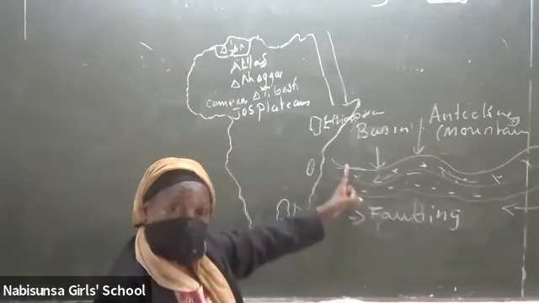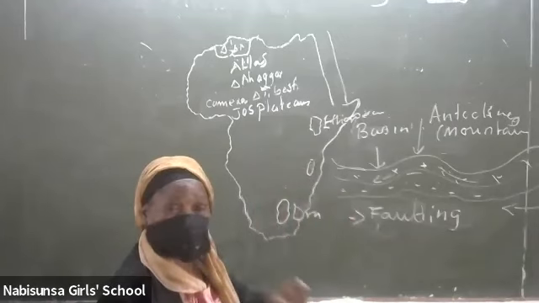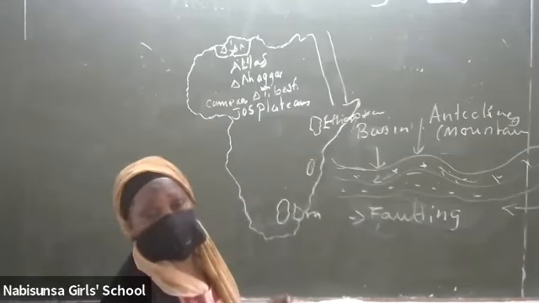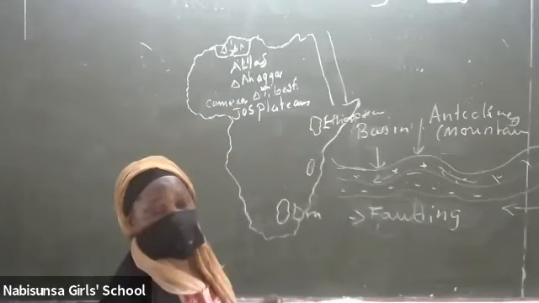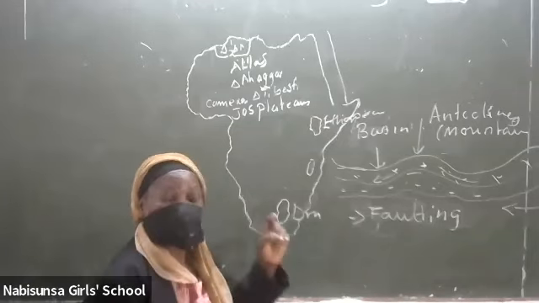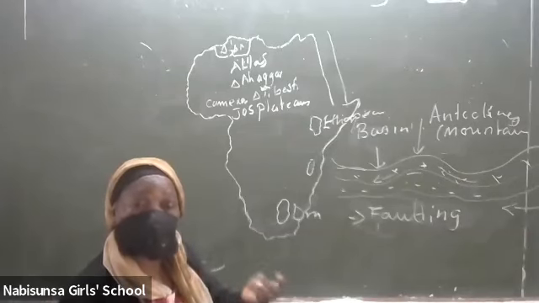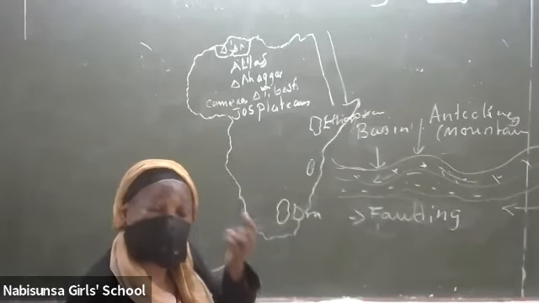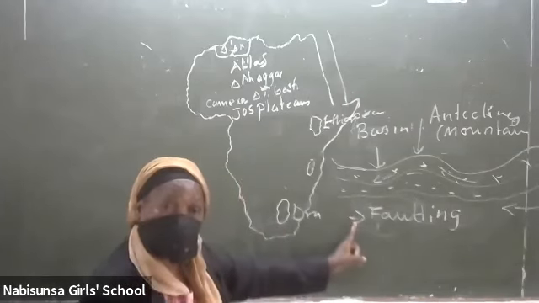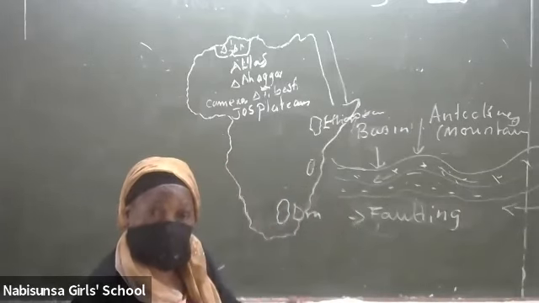In East Africa, it is responsible for the formation of the second highest mountain in Africa, which is non-volcanic, and that is Mount Rwenzori. It is a result of faulting, and we discussed these processes before we dealt with East Africa.